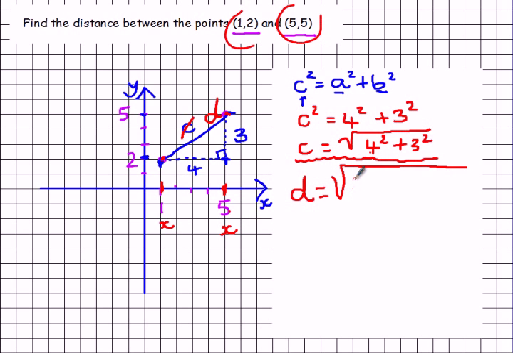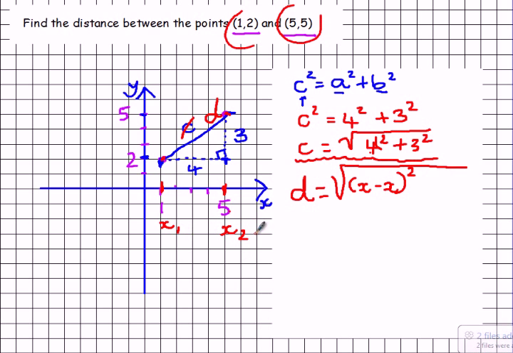So we want to get the difference between our two x values, and then we squared it. The problem is though, if I just say x take away x, it's a little bit difficult to work out, am I talking about this one? Do I do this one minus that one, or this one minus that one? So we just call them the first x value and the second x value.